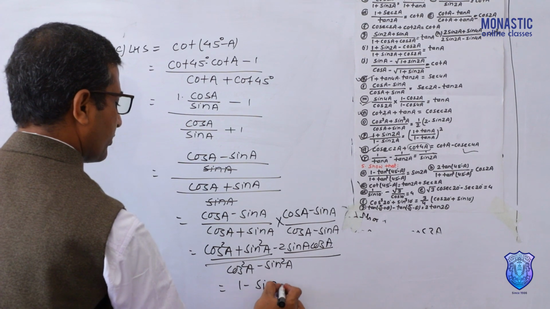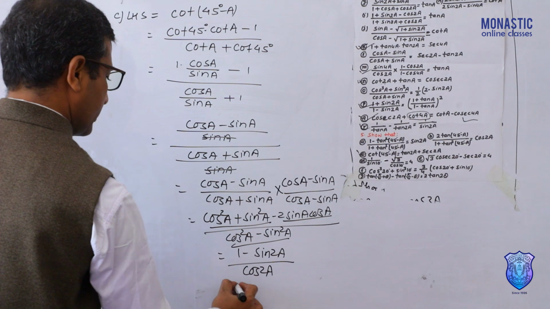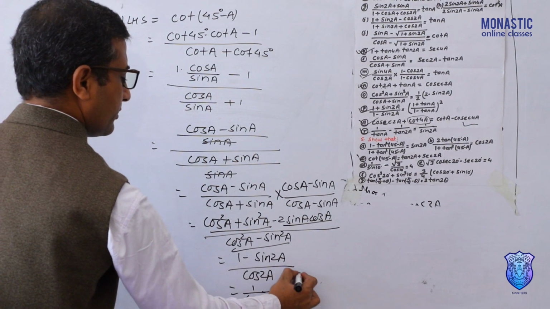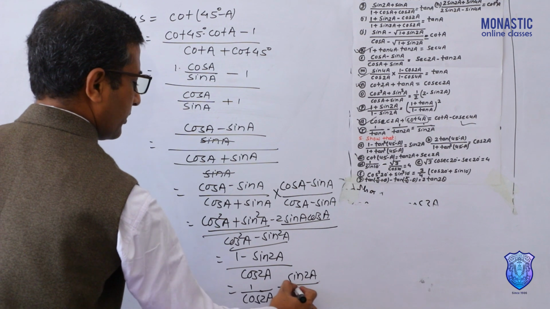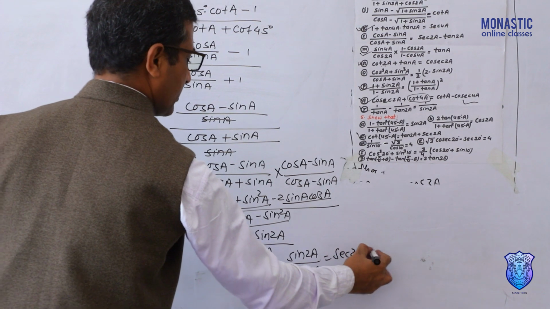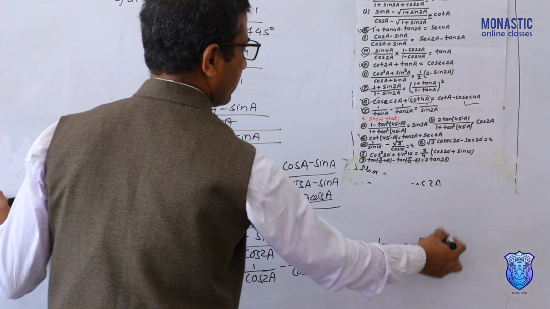This is the formula of sin 2A. This is the formula of cos 2A. Write it separately: 1 by cos 2A minus sin 2A by cos 2A. That is sec 2A minus tan 2A. That's the result we want.